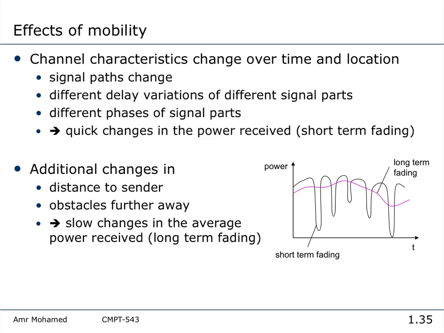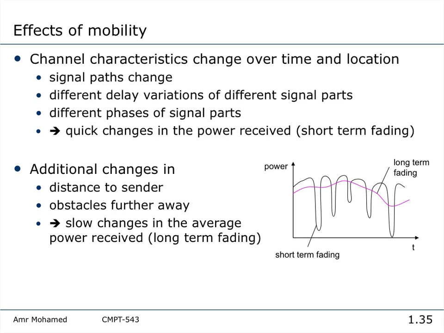Long-term fading talks about the fact that as the car moves away from the transmitter, the effect of fading becomes slow. Why? Because if the car moves in a straight line, there is another fading that happens because the signal attenuates as it arrives at the receiver.